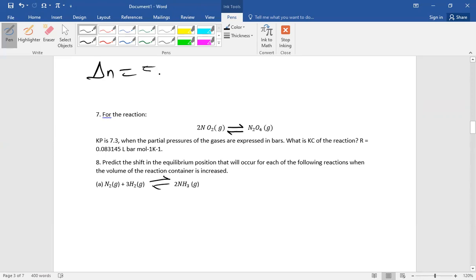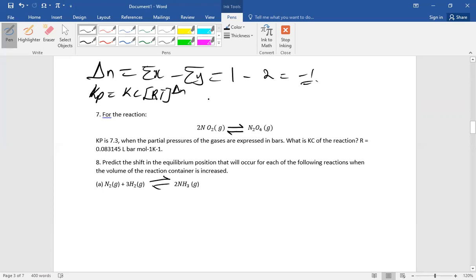So delta n is equal to the summation of stoichiometric coefficients, x for the products, minus the summation y on the reactants, which is going to be negative 1, and Kc to the power of delta n.